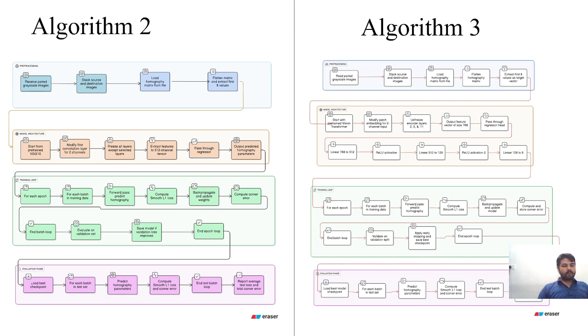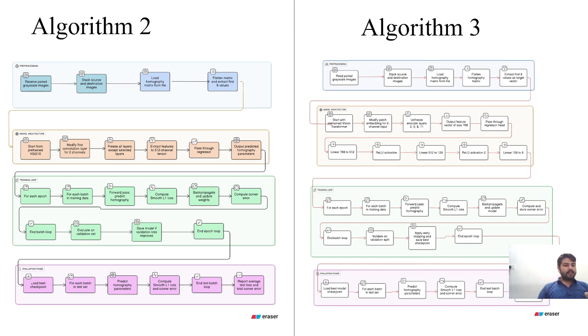Then in the model architecture, I start with the pre-trained architecture of VGG. Then I modify the first convolution layer of the VGG16, because the original architecture of VGG16 accepts the input in RGB format, but I have input images in grayscale, whose channel is 1, and I have 2 images, but VGG16 by default accepts only 1 image.